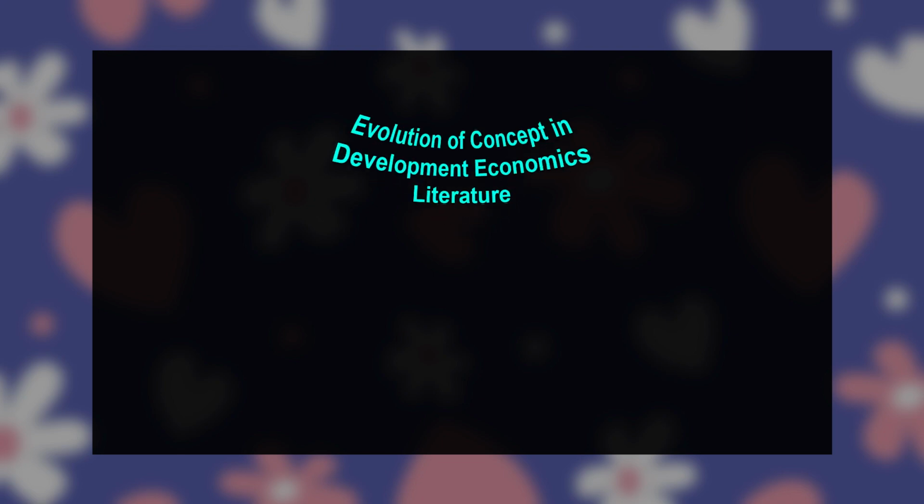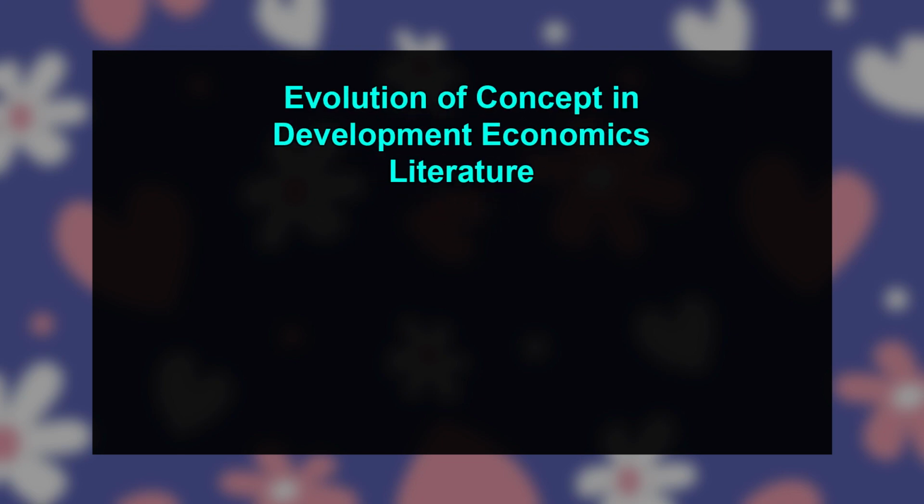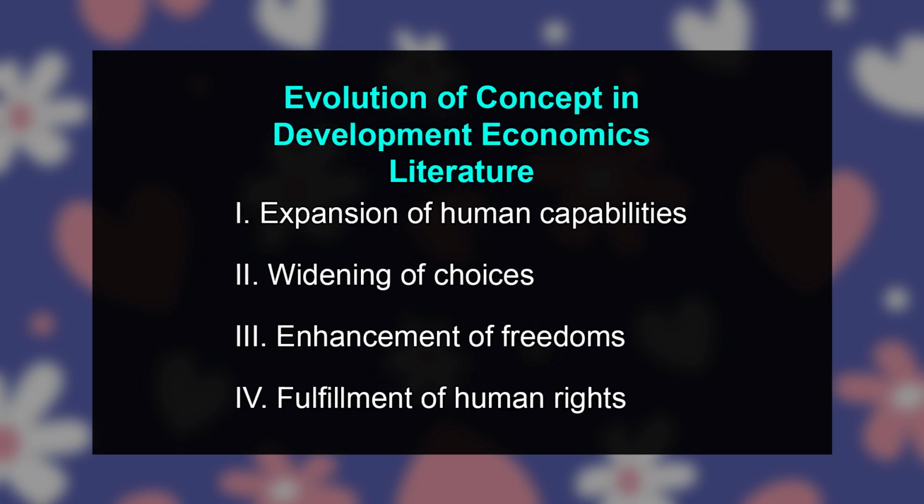Given all these developments vis-a-vis the concept and evolution of the concept, human development has been accepted in development economics literature as an expansion of human capabilities, widening of choices, enhancement of freedoms, and fulfillment of human rights. This was all about the concept and meaning of human development.